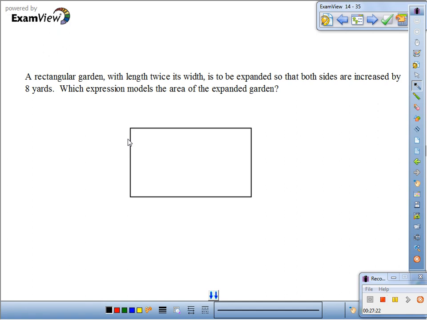Do we know what the width measures? No, so we're labeling it x. This is twice the width. So what do I write here? 2x. Is to be expanded on both sides, this side and this side, by how much? 8 yards, which means we expand. That means we add 8. Add 8.